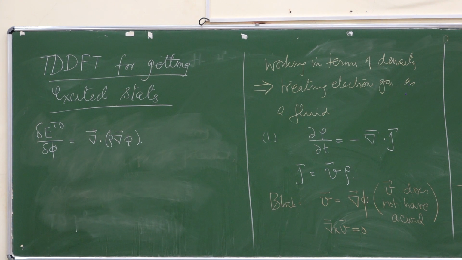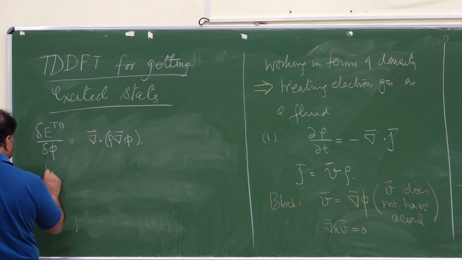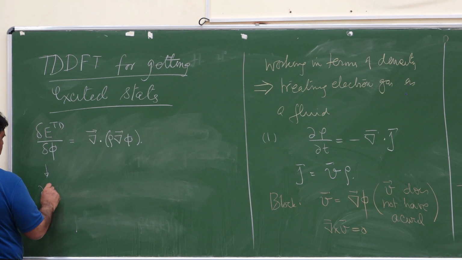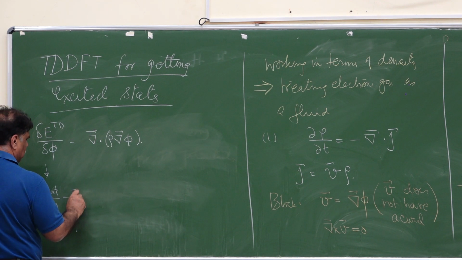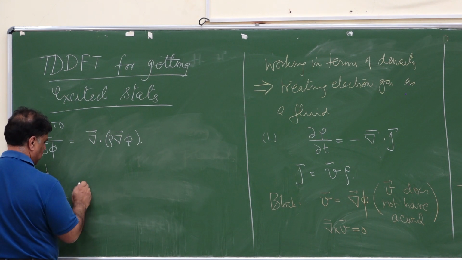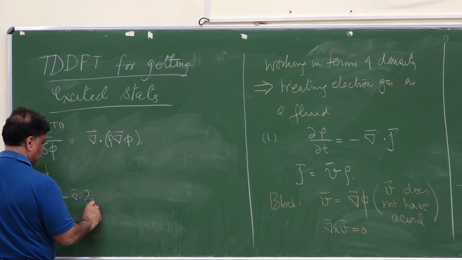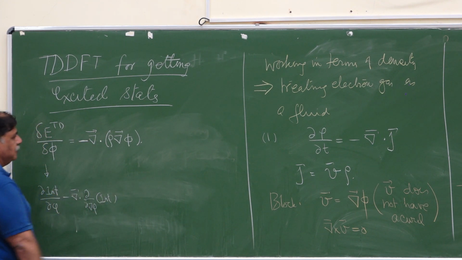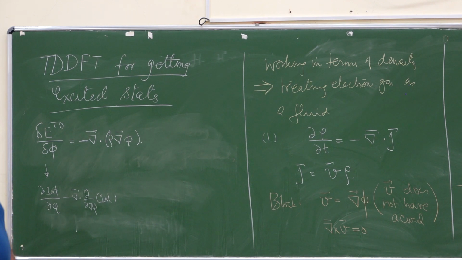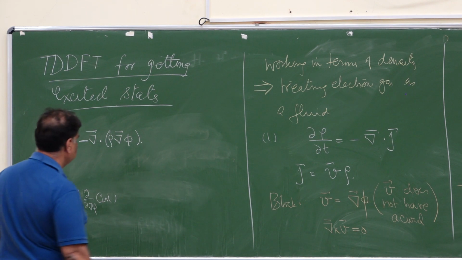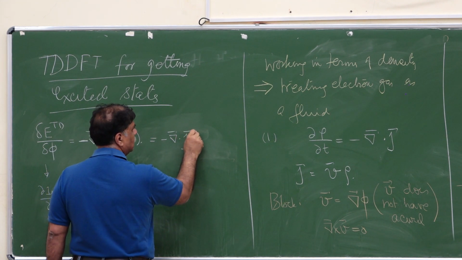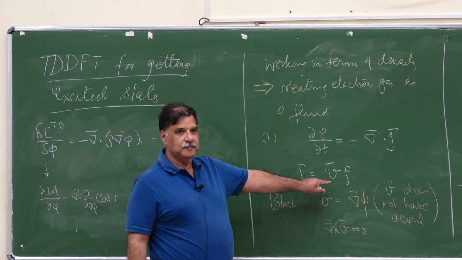This you can check, because what is this functional derivative? This is nothing but d of the integrand d phi minus grad of d by d grad phi of the integrand. So that gives you this minus sign. And this is nothing but minus divergence of j. Remember j is this.